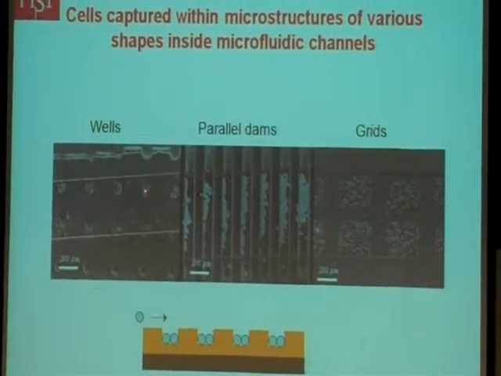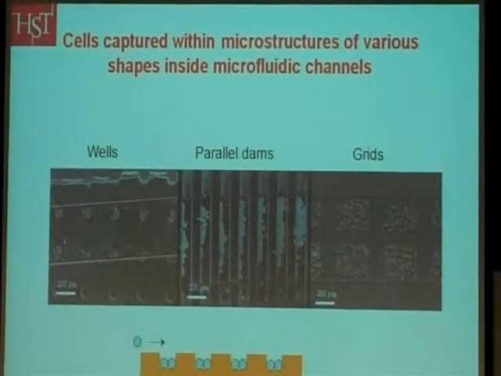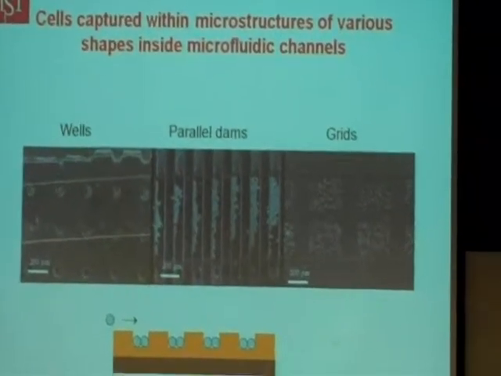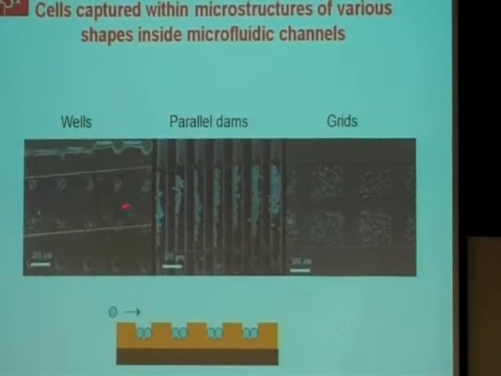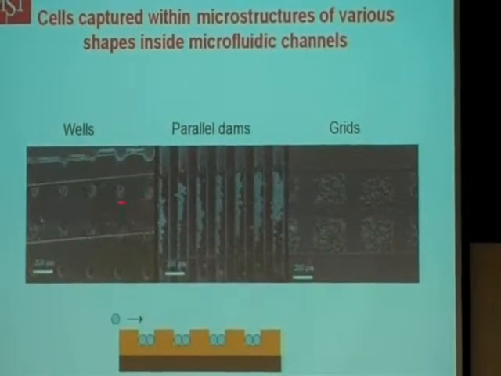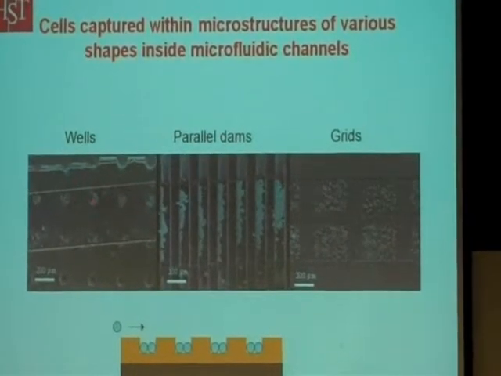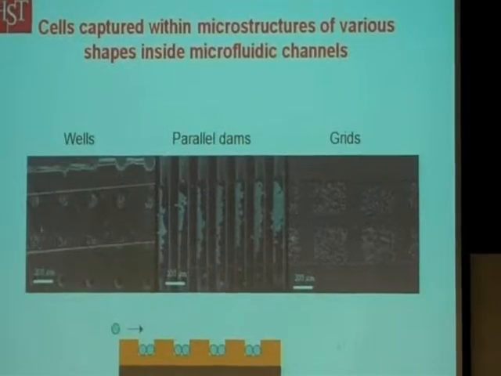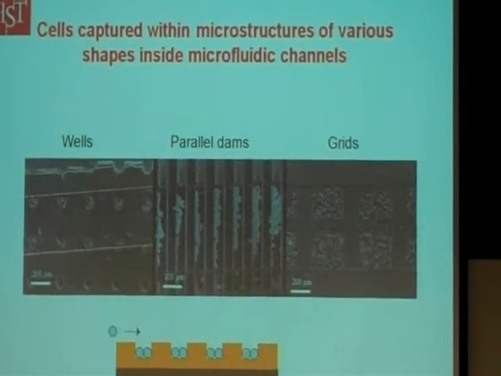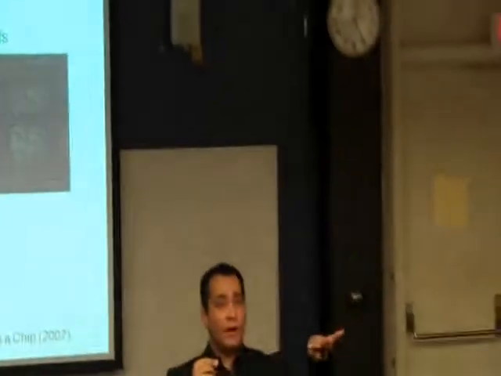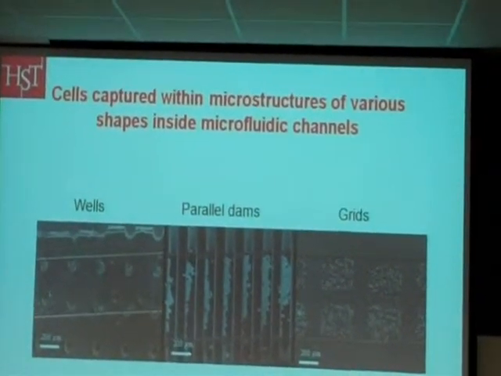The cells stay in here, or get stuck in here, but they don't really stay here. And what that means is that if you flow liquids here, then inside these little wells you have low shear stress. The fluid skips over it, so you have the cell in there, and the cell doesn't get washed away. So what you can use this for is to control the location of cells on these surfaces, and control how they can be used for different applications.